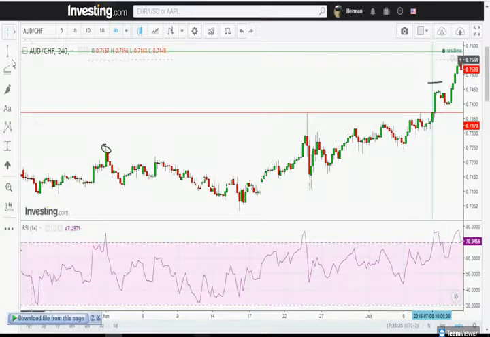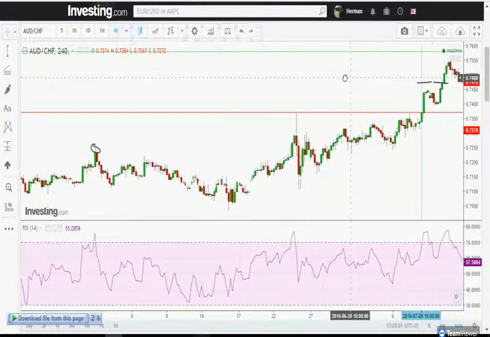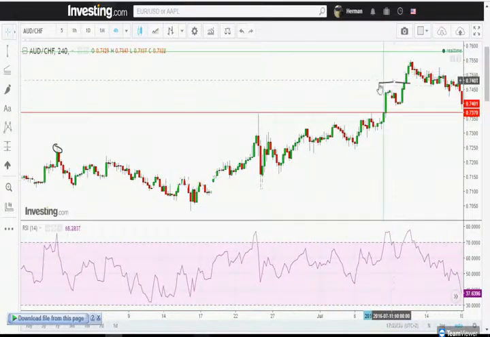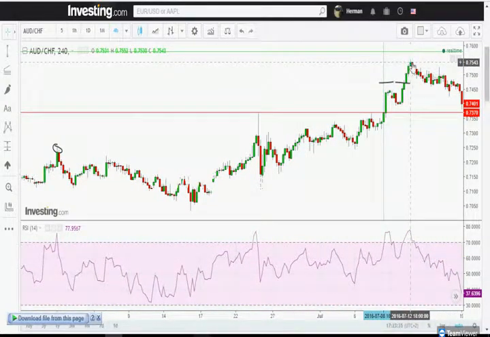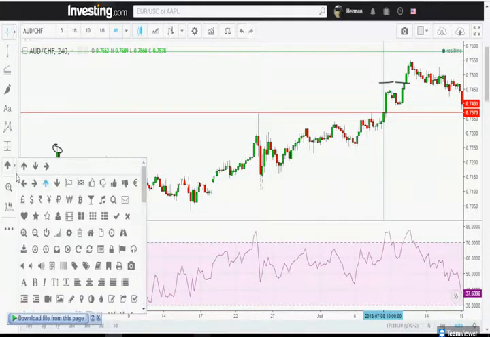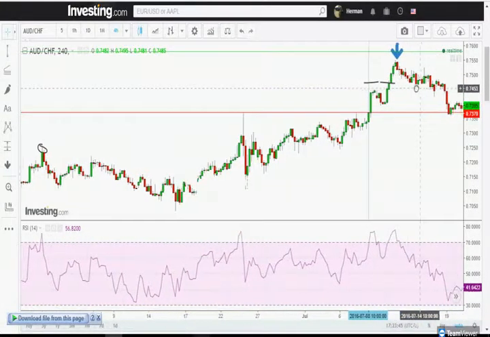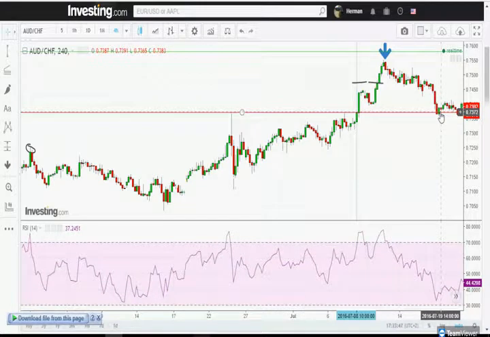Then what happened? The market did go up, then we entered here. And so we would have no reason to enter a second trade here. We would just have one trade. Then it came back and hit our take profit.